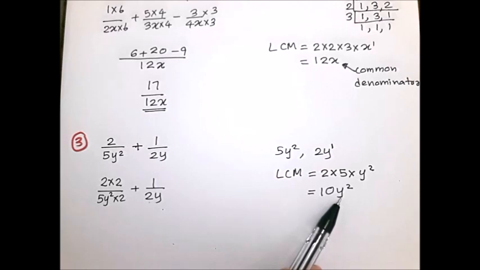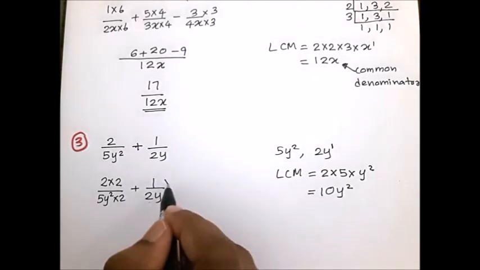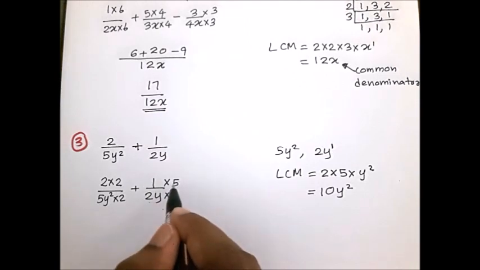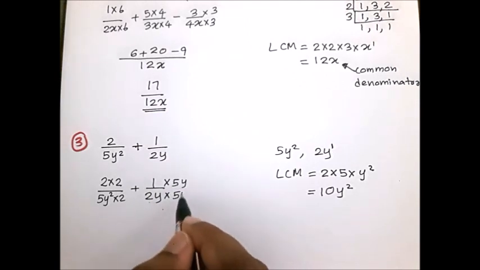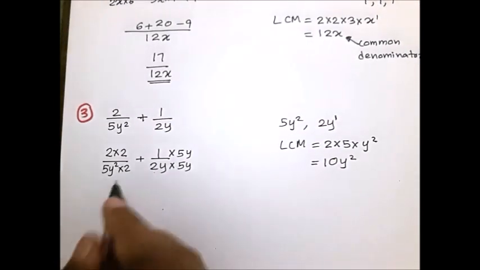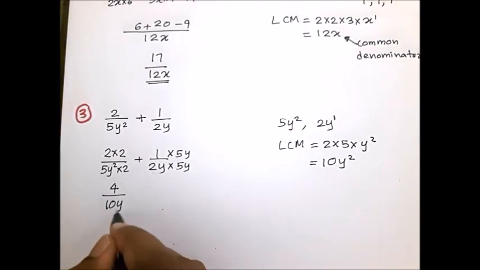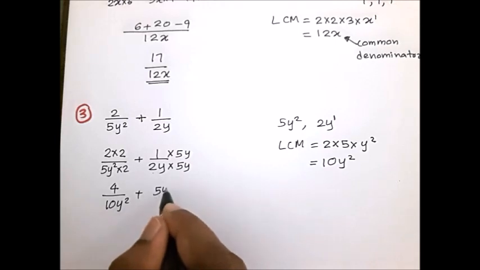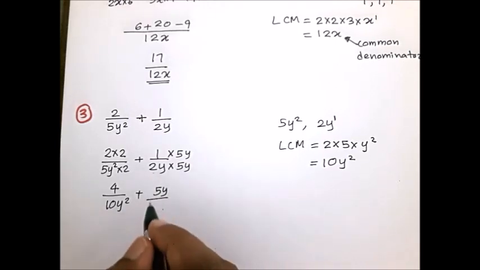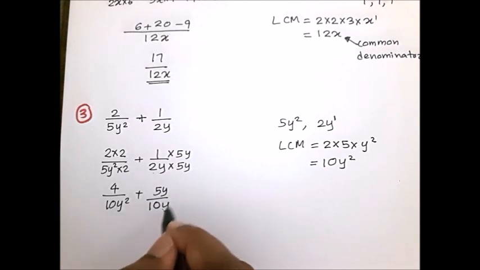But here it is y to the power 2, so you have to multiply this term by y also. So multiply both numerator and denominator by 5y. Here 2 multiplied by 2 is 4. The denominator is 10y to the power 2. Here 5y. 2 multiplied by 5 is 10. y multiplied by y is y to the power 2.